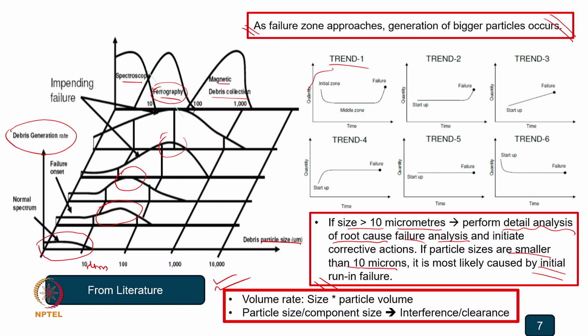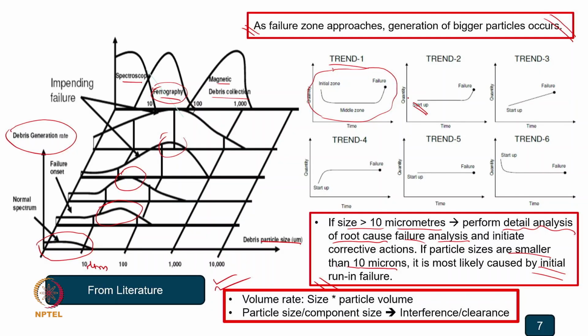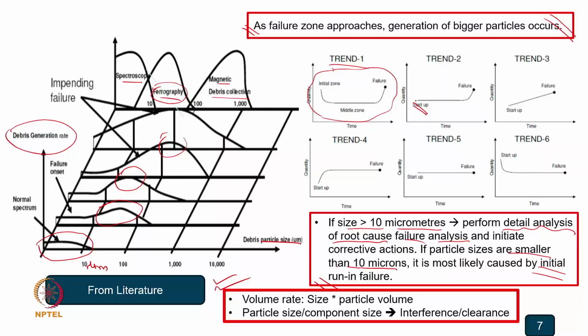Initially, in lecture 3, we used a bathtub curve, and this was trend 1. But we have also observed that it is not only this kind of trend; the trend can also be like that. If the initial surface roughness, on which we have been giving a lot of emphasis, is very good, the surface is extra smooth, then quite possibly it starts directly with failure, maybe it will not decrease.